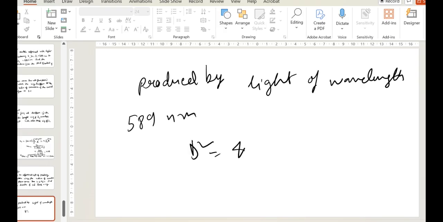So you know d squared is equal to 4n lambda R. You have seen this here.